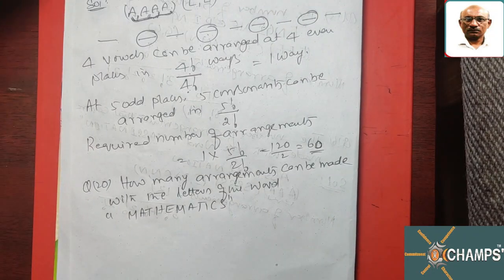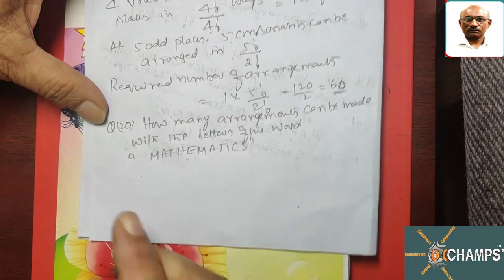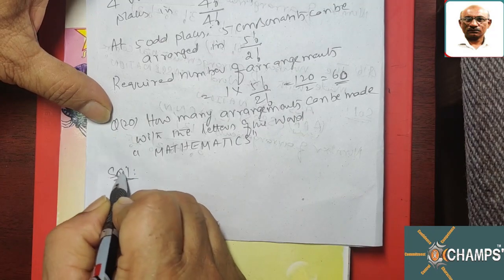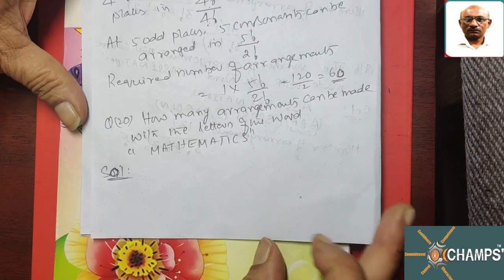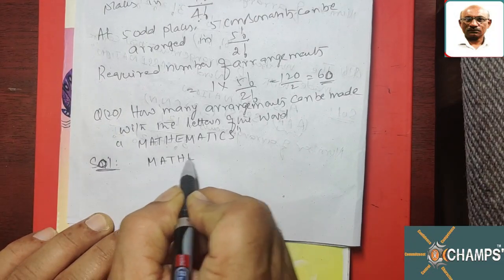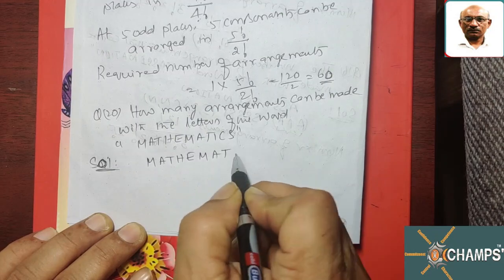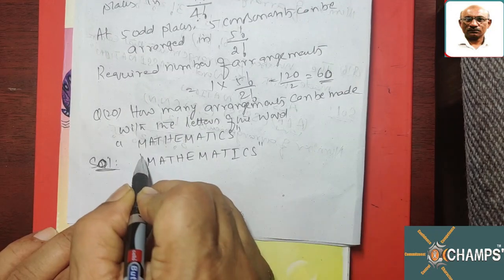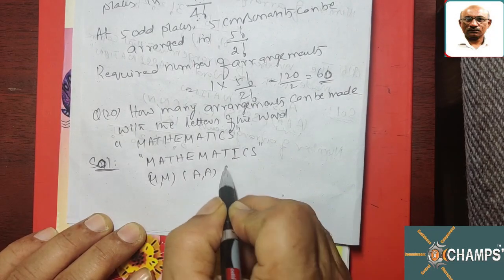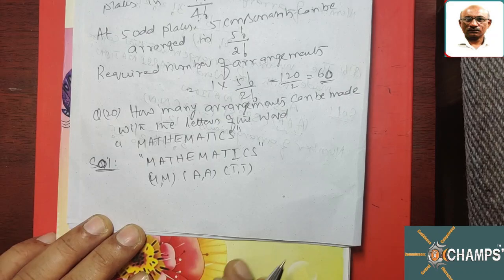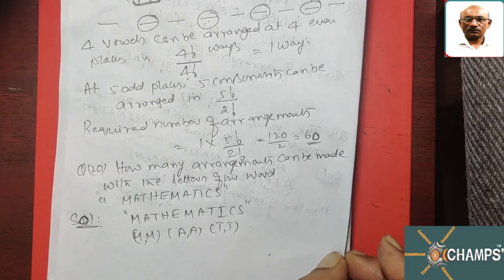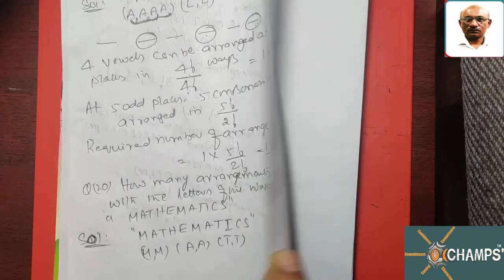Now look at the solution part of this. In the word mathematics, M is repeated 2 times, A is repeated 2 times, and T is repeated 2 times.